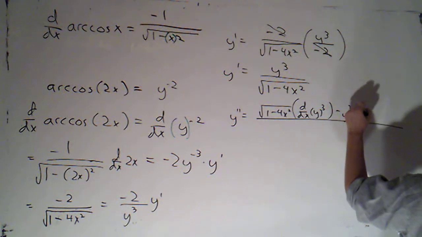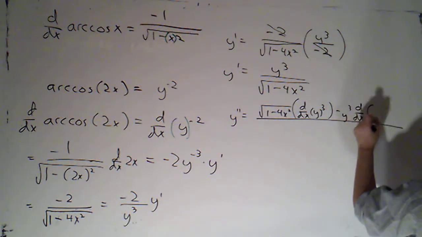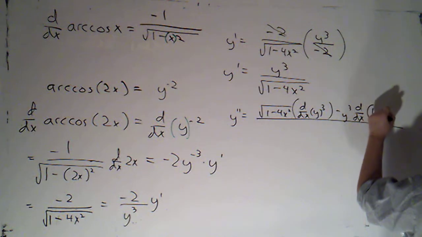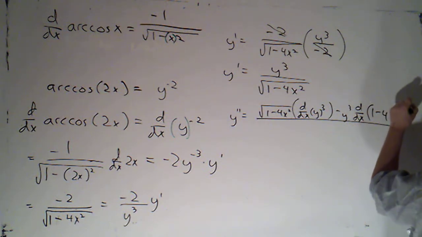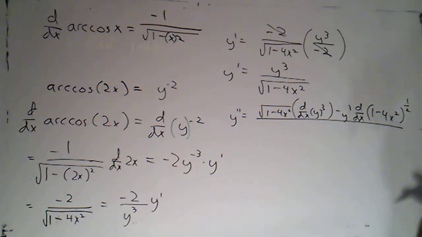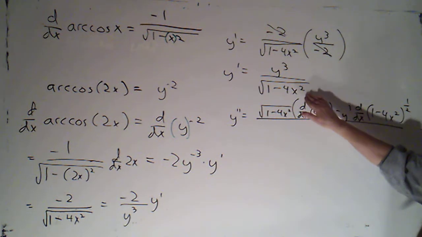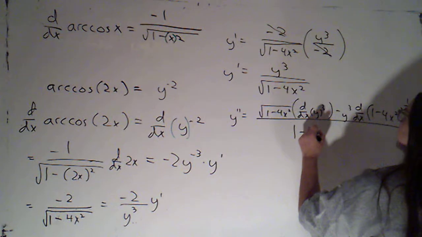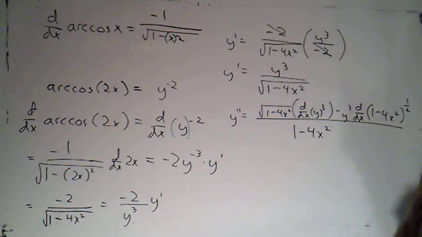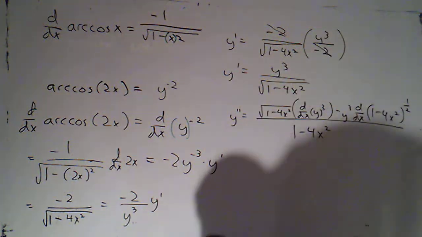D low, the derivative, and since I'm taking the derivative of a square root, I'm just going to rewrite that as the 1/2 power. All over the denominator squared. Since I'm squaring a square root, that's just going to lift that radical. So we just get 1 minus 4x squared on the bottom.